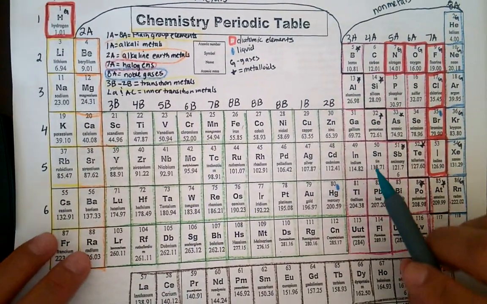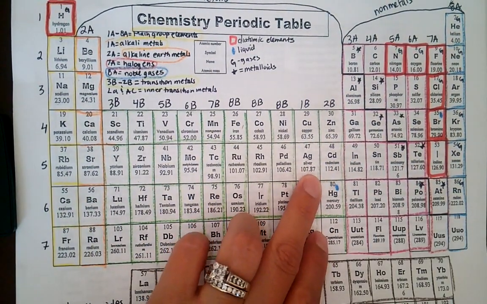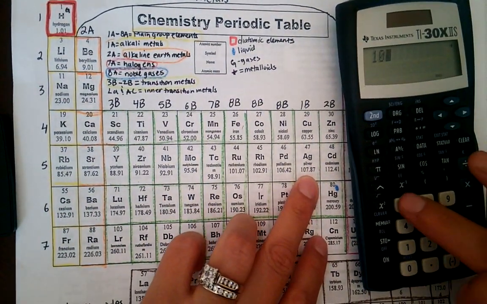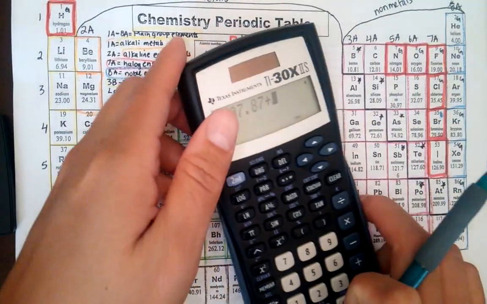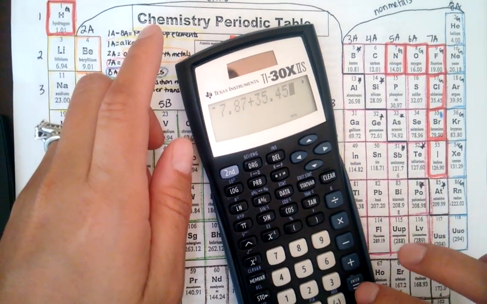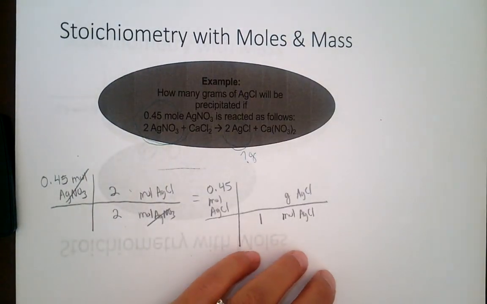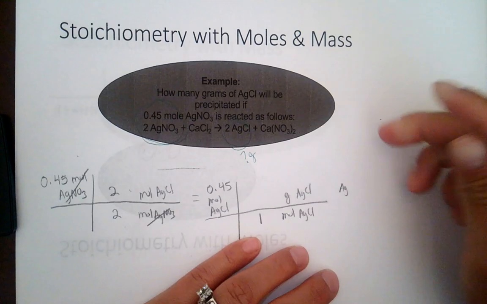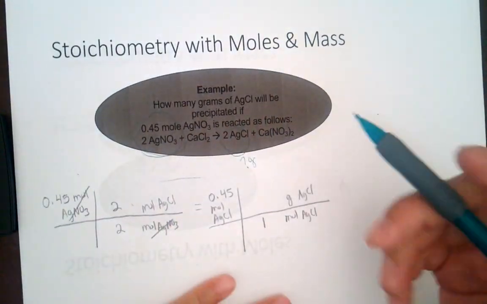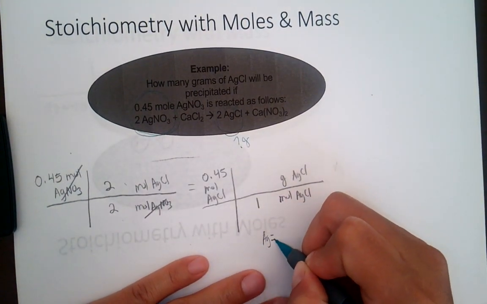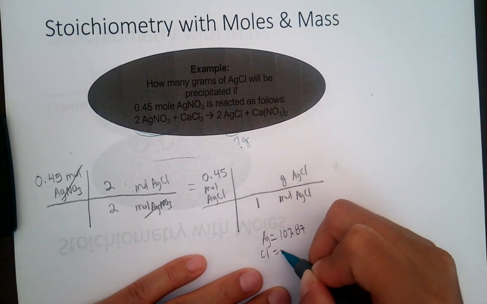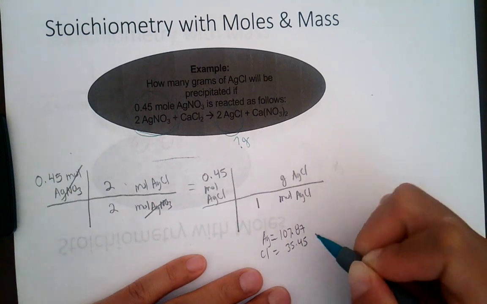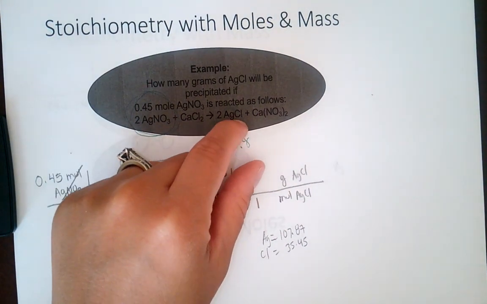So we have to find Ag, which is 107.87, plus Cl, which is 35.45. Ag is 107.87. Cl is 35.45.